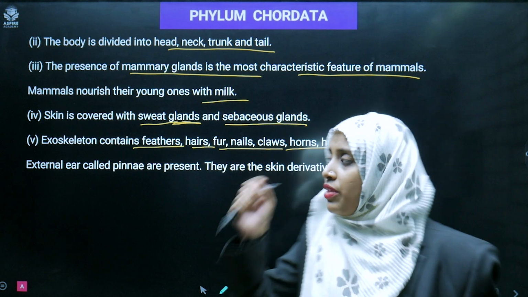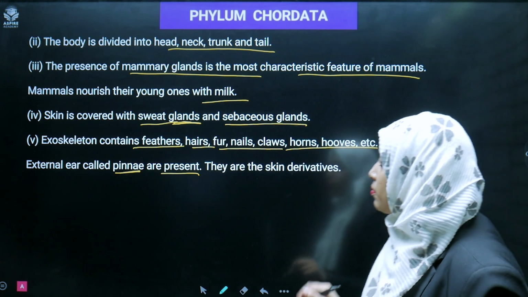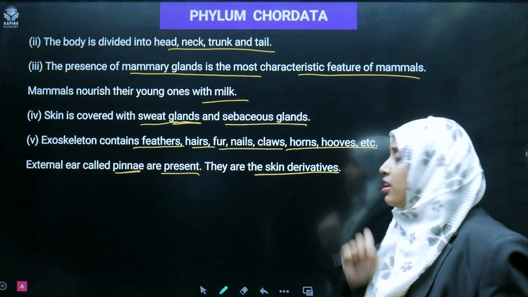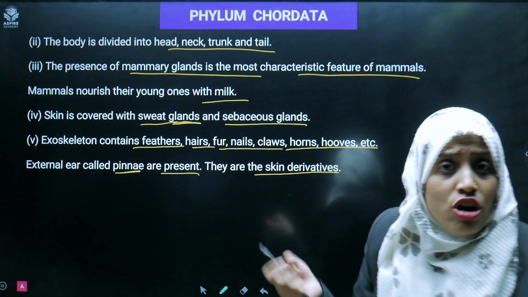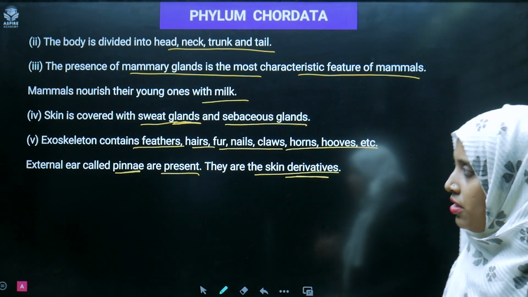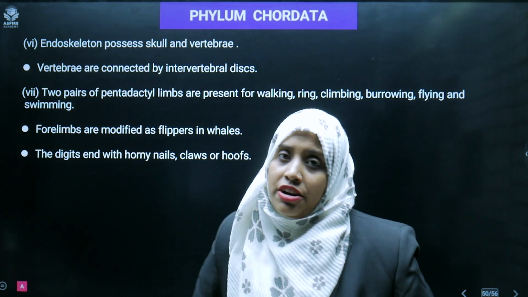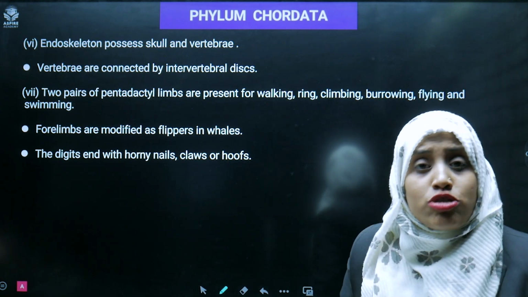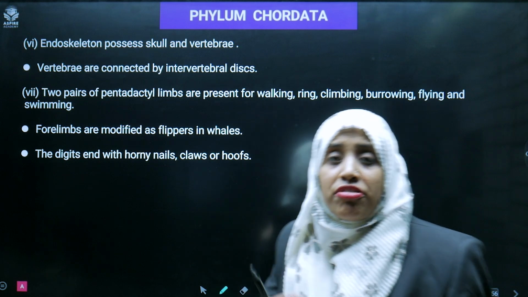The external ear, known as the pinna, is also present. The hair, skin, nails, and claws are skin derivatives, that means they arise from the skin region. Now the endoskeleton. Nails and the like were exoskeleton, found externally.